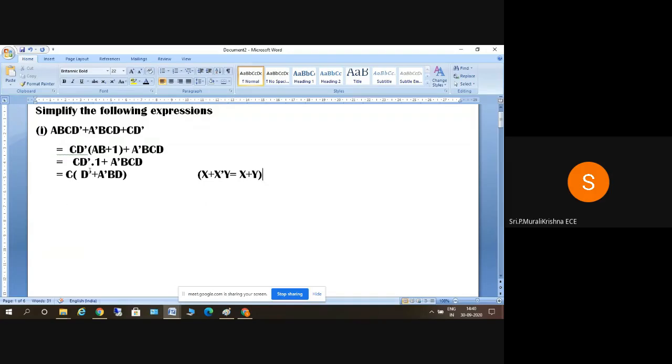Here x is D bar and y is A bar B. So this is equal to C into D bar plus A bar B, where D bar is x, D is x bar, and A bar B is y, so x plus y. So that is the simplification of this expression here.